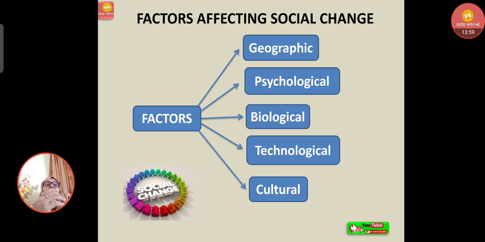For example, the social life of man living in the plains is different from that of men living in hilly areas. Then the inhabitants of West Bengal and other regions near the sea depend more on fish for their food. So these can be the examples. Change in geographical environment has a great effect on human society.